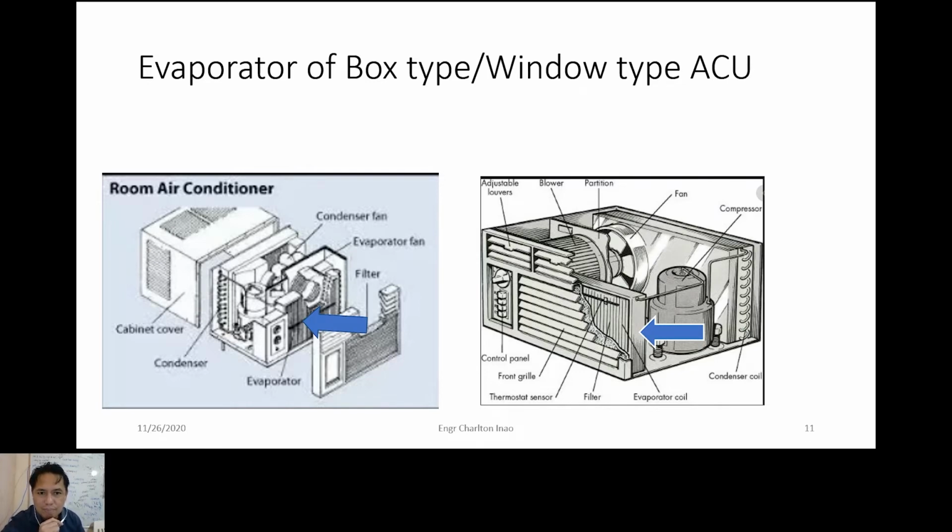In the houses or condominiums, the one being used is the box type or window type. Would you kind enough to tell me where the evaporator is located? In front or at the back?